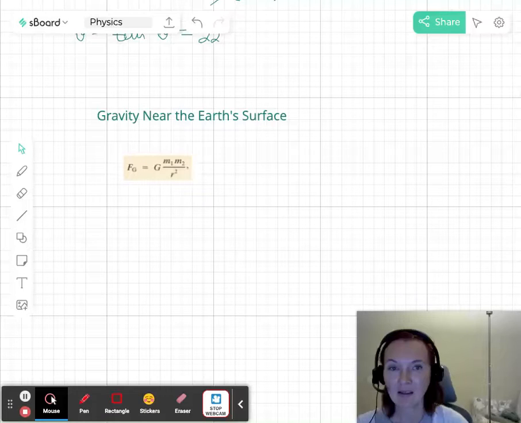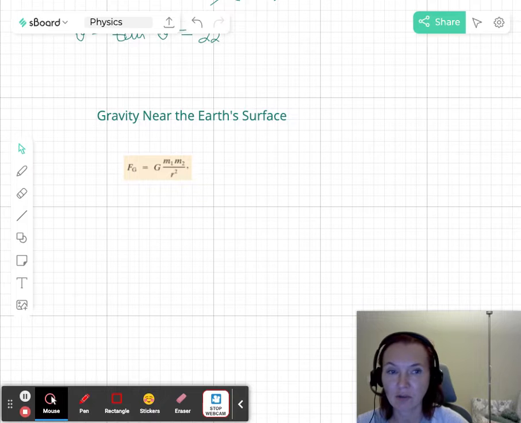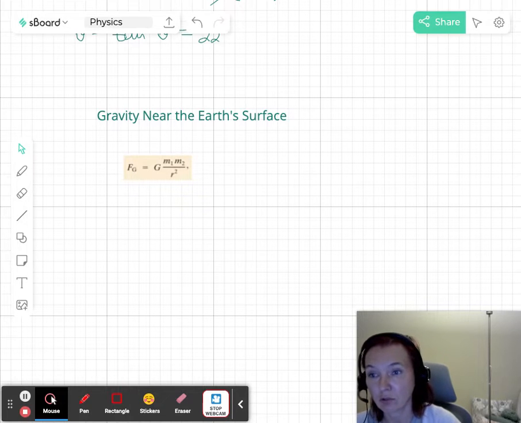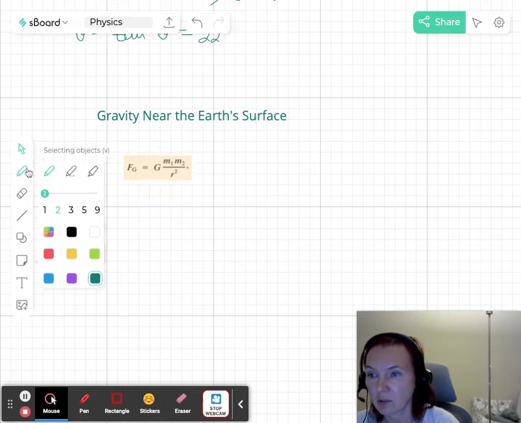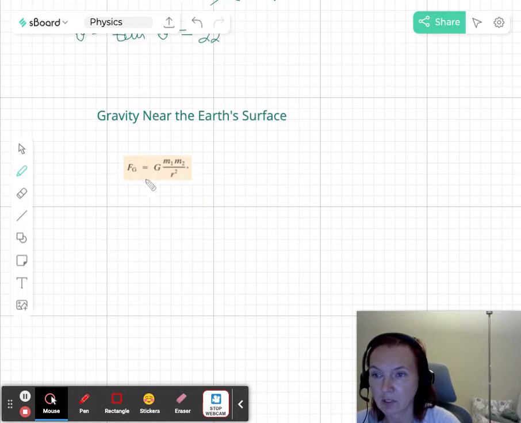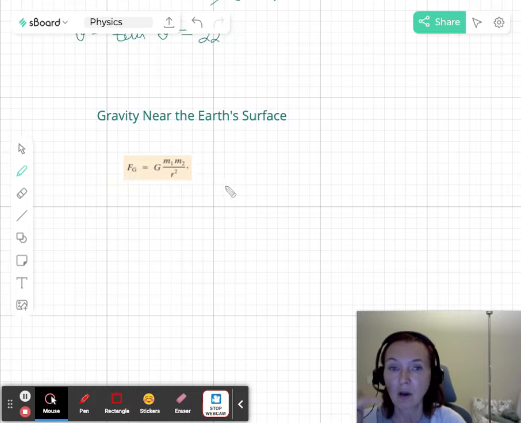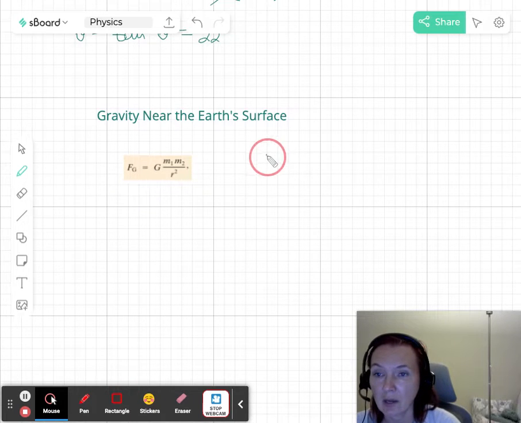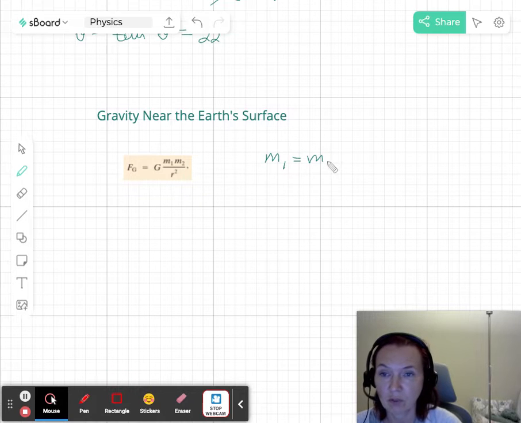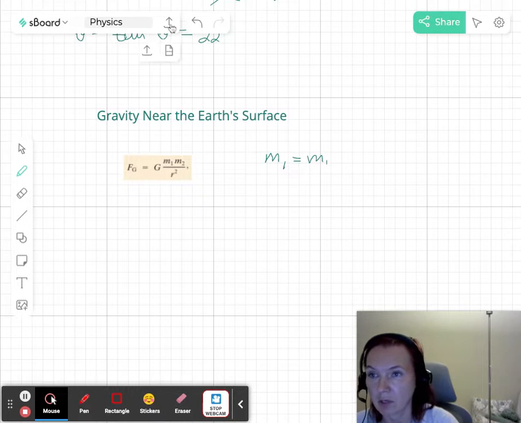So we just learned about Newton's law of universal gravitation, and we will check how that works out at the Earth's surface. That is Newton's law right here: F sub g equals G times m1 m2 over r squared. On the Earth's surface, m1 becomes the mass of the first object, which I'm going to call m.